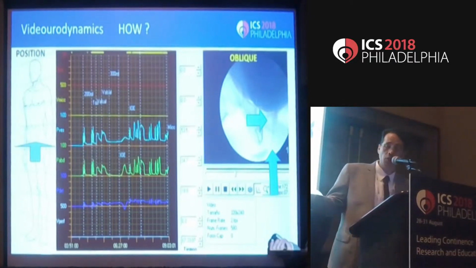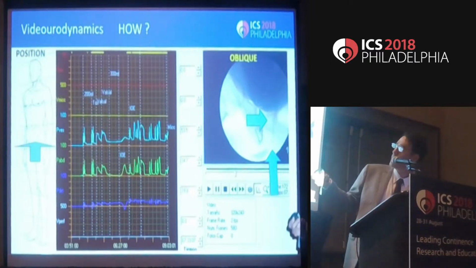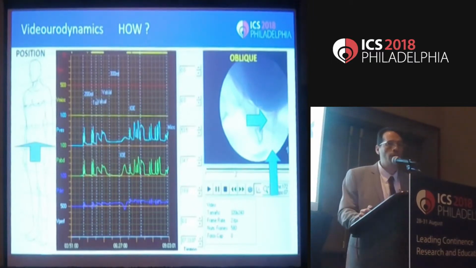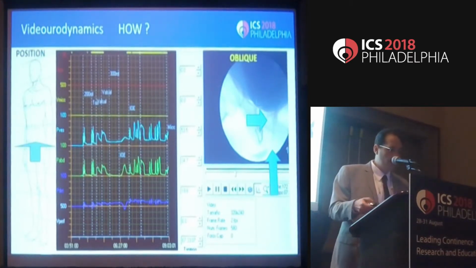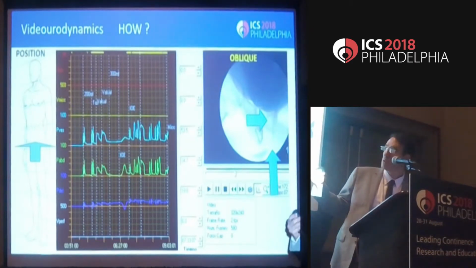Sometimes you start in the supine position because you have to instrument the patient, then you move the patient, if you can, to the standing position to have a more physiological feeling and a more physiological evacuation. The evacuation of the bladder should be in the position that the patient is used to.